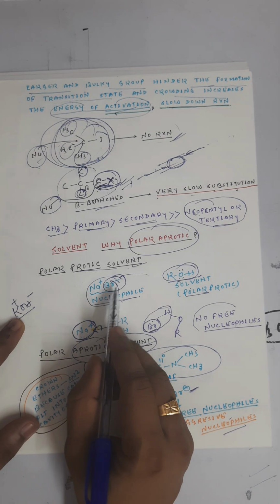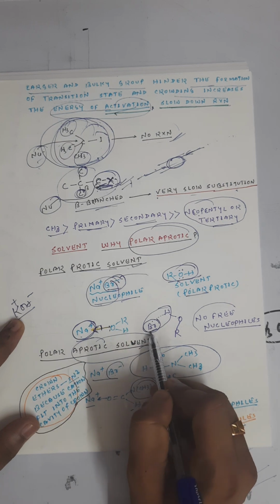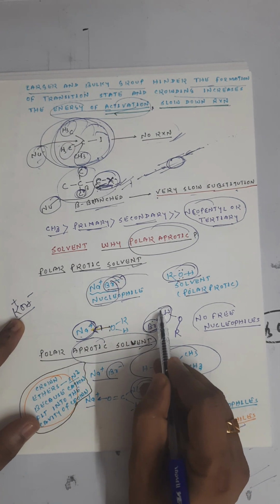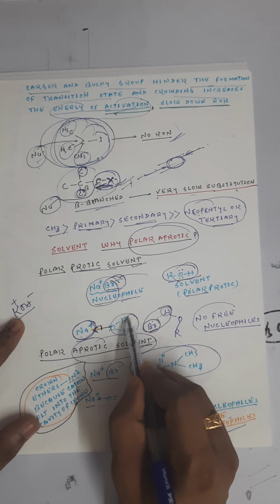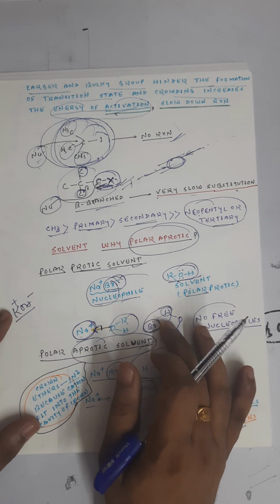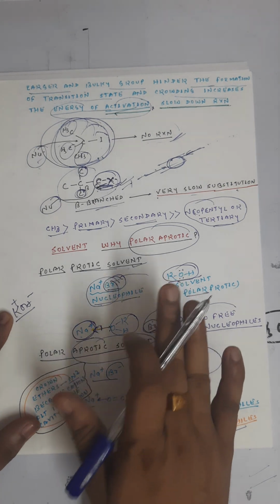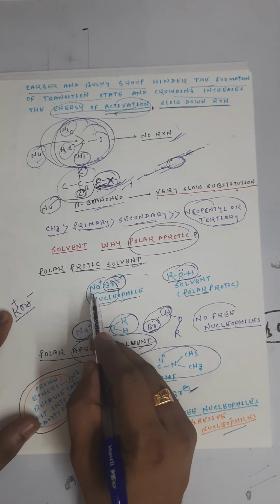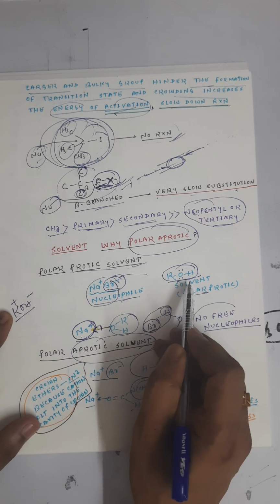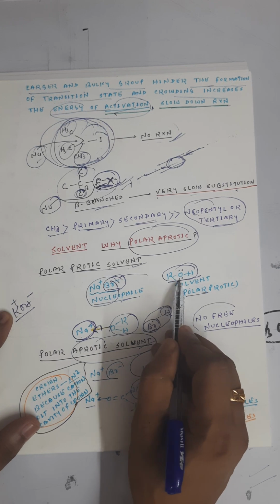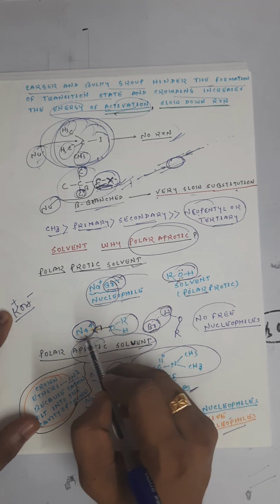Okay, now it's the nucleophile's turn. Br minus also attaches to the hydrogen atom of the alcohol. Are you understanding what I'm telling you? Every nucleophile contains negative and positive. When you take the polar protic solvent, the metals attach to the more electronegative atoms of the polar protic solvent and form a coordinate bond.